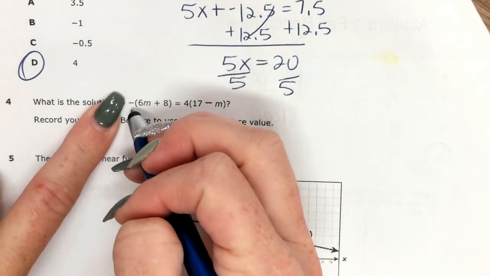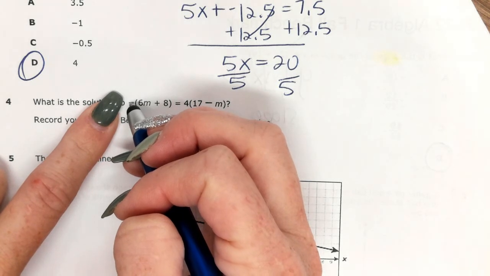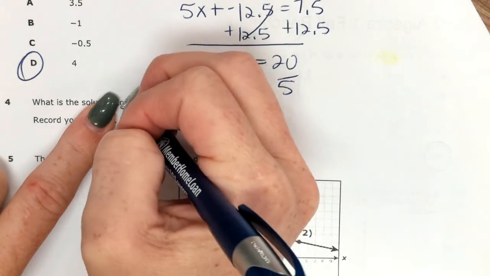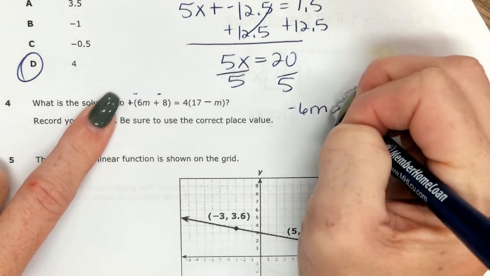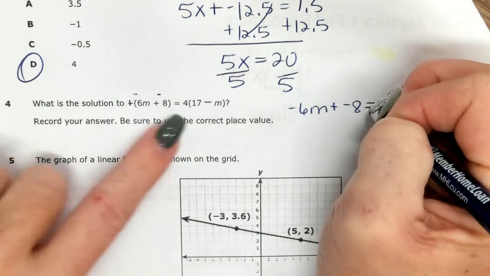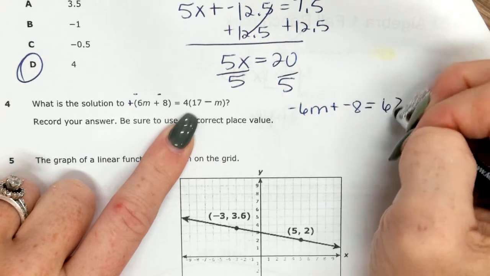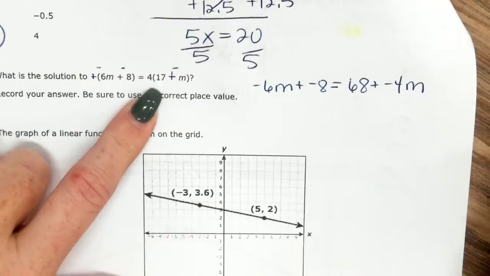When there is a negative on the outside of the parentheses, what should I do? Distribute it to everything on the inside. So it's really keep change through the whole thing. So I have negative 6m plus negative 8 equals, and then 4 times 17, which is 68, plus negative 4m.